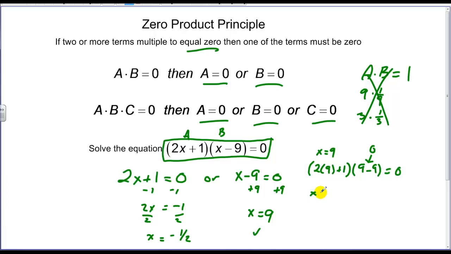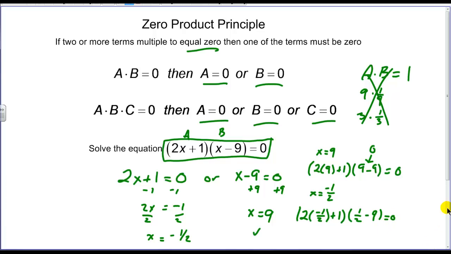If x equals negative half, then I have 2 times negative 1/2 plus 1 multiplied together by negative 1/2 minus 9, and that's supposed to equal 0.